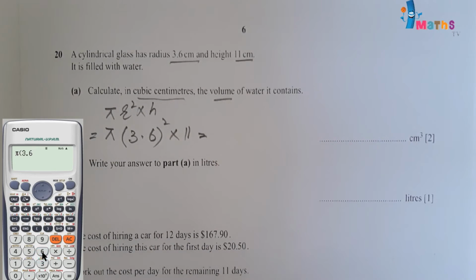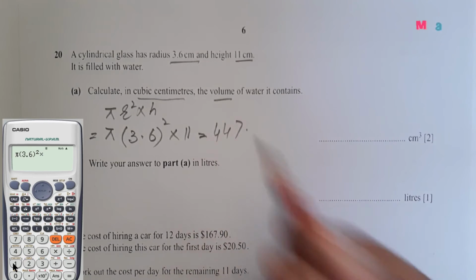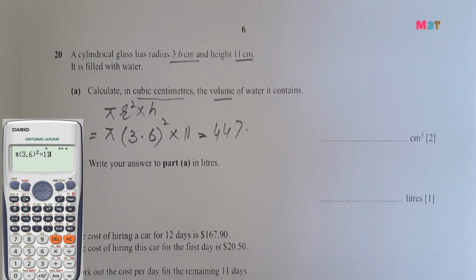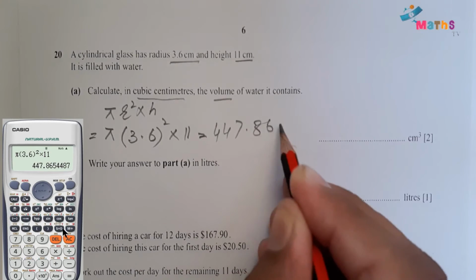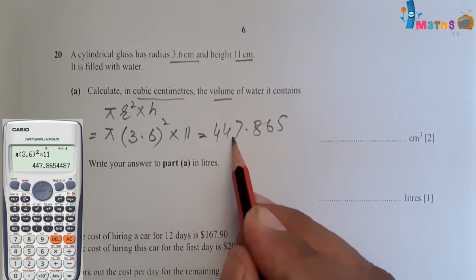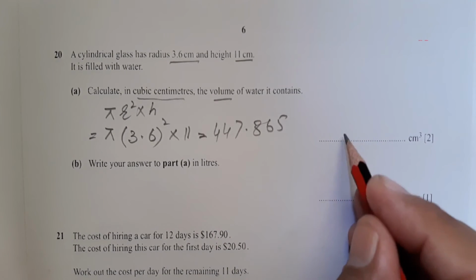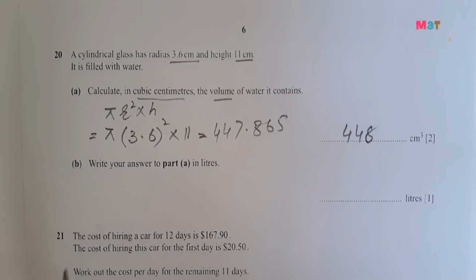So our answer will be, if we multiply with the calculator, 447.865. We can round this to a whole number, so it will be 448 cubic centimeters.